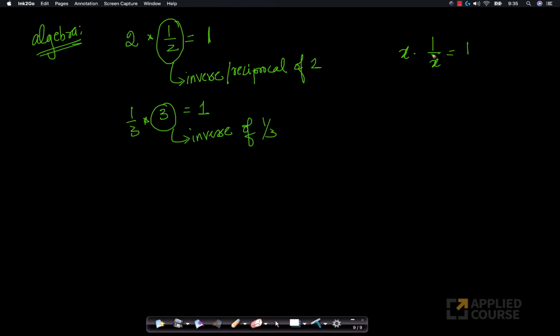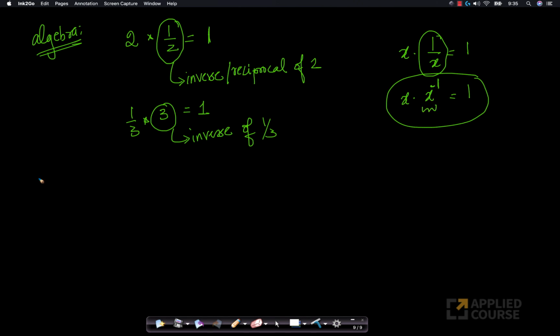You might have noticed that 1 by x is often written as x power minus 1, something you probably learned in high school. So x multiplied by 1 by x equals 1, or in other words, x multiplied by x power minus 1 equals 1. This is the concept of an inverse. That's why this is called the inverse of x.